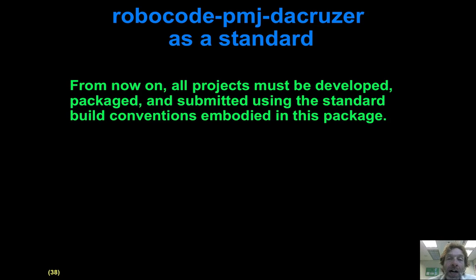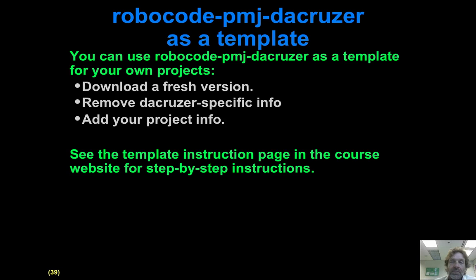Okay, so from now on, you'll be creating systems that conform to the standards exemplified by this robocode-pmj-dacruzer file. And you'll find that you can use this system pretty easily as a template.